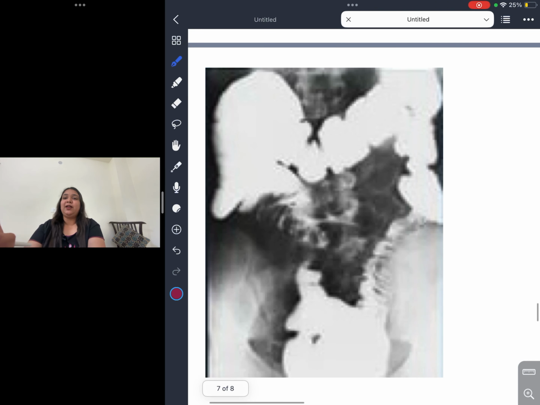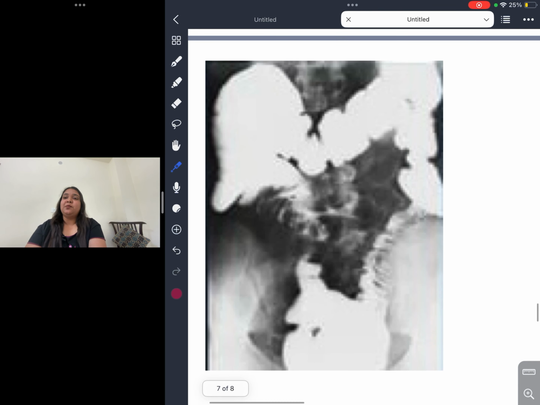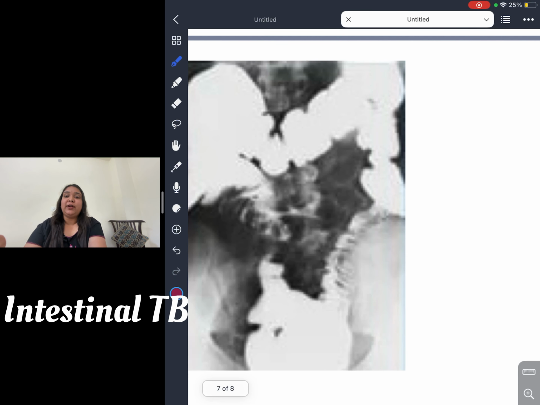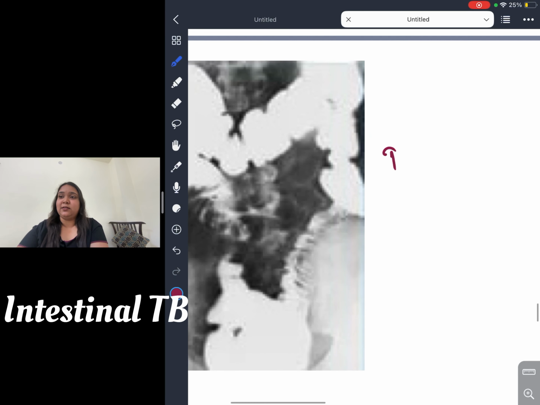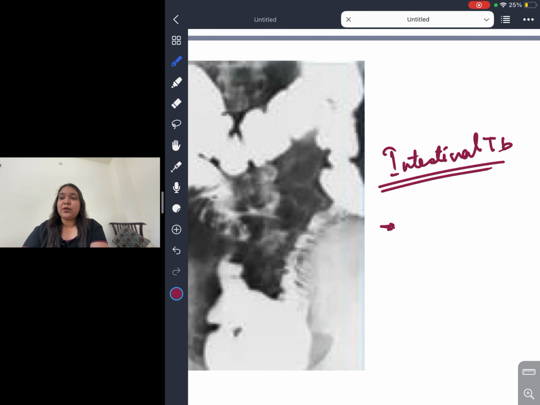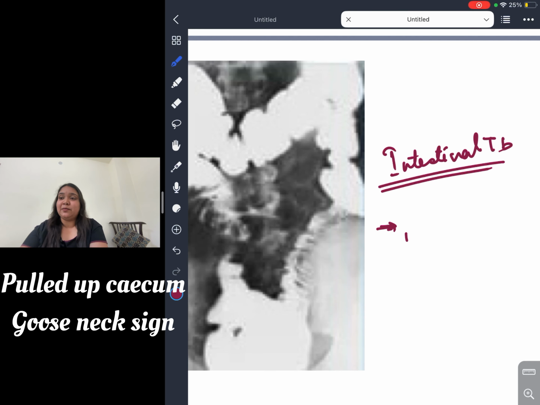Now in this image, it looks like something is missing over here. It looks like it is pulled up, and this looks like a neck. If you notice, it is like the neck of a goose. So this is an image of intestinal TB, and the two signs you can see over here are a pulled up cecum and a goose neck deformity.